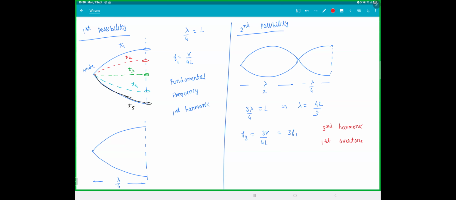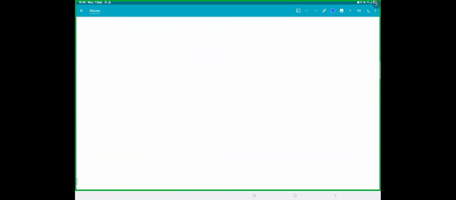Now, if I go for the next one, third possibility, we will get two loops and a half loop. So the harmonics will be always differing by wavelength of lambda by 2.